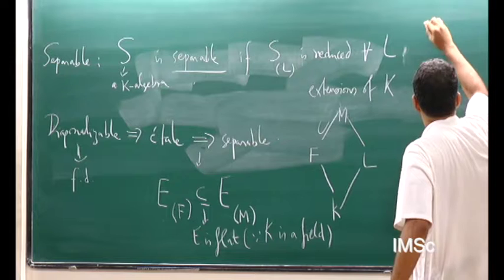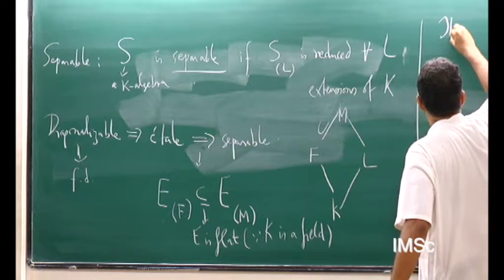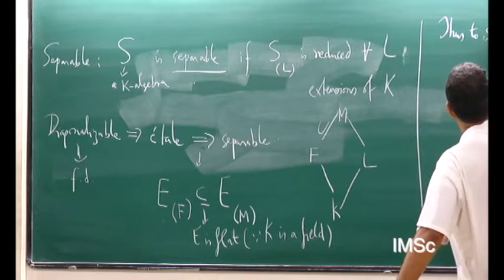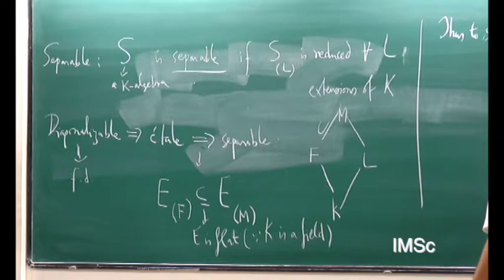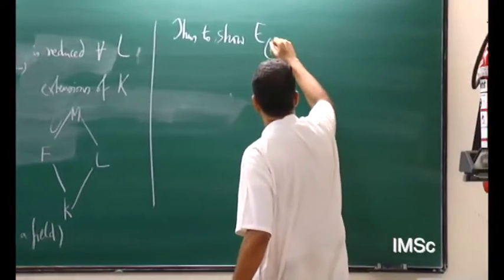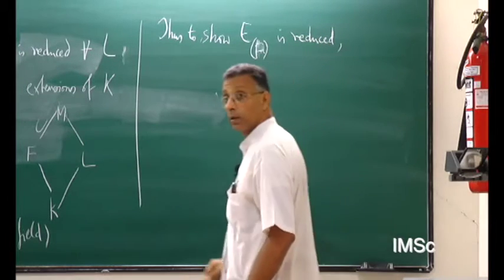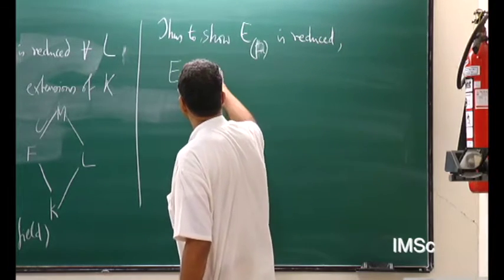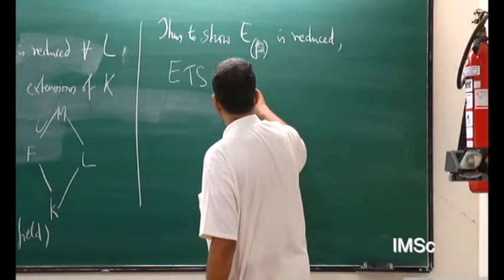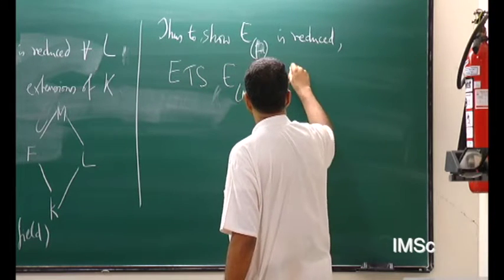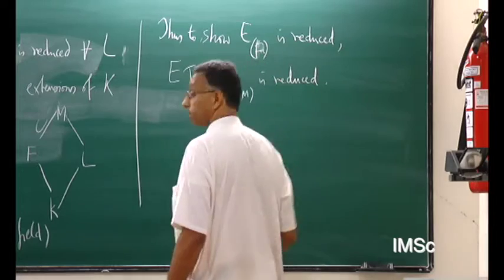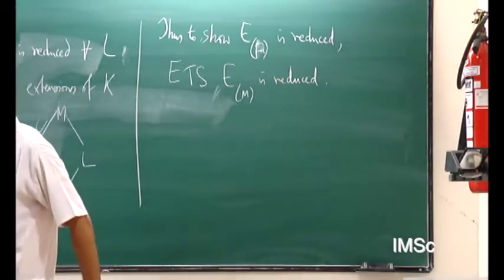So, thus, to show EK or EF is reduced, enough to show EM is reduced. Right?